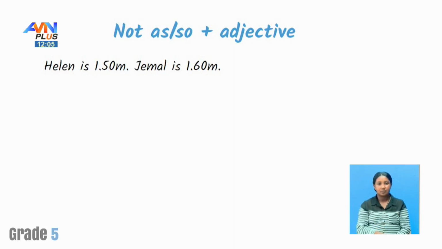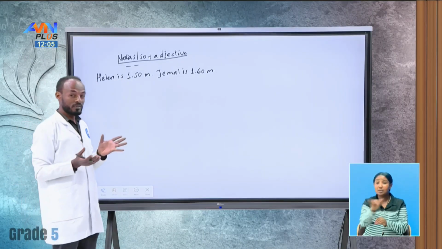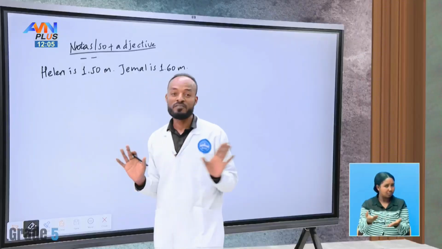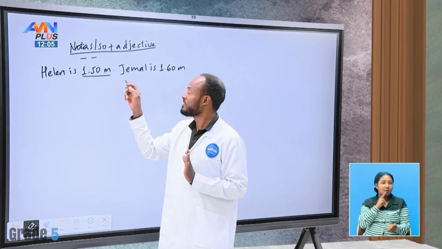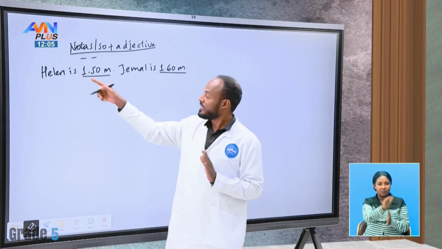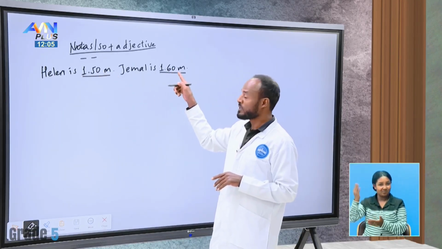Jamal is 1.60 meter. Students, are they the same? Do they have the same quality? They don't have the same quality. Because here, their height is not the same. Helen is 1.50 meter and Jamal is 1.60 meter.